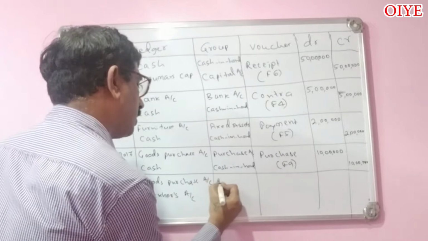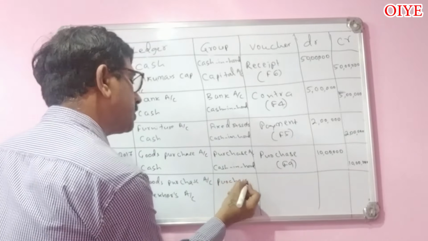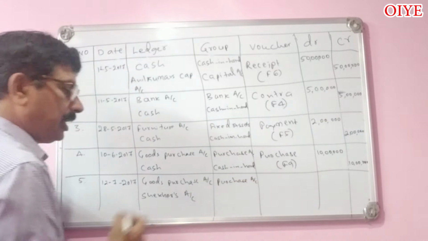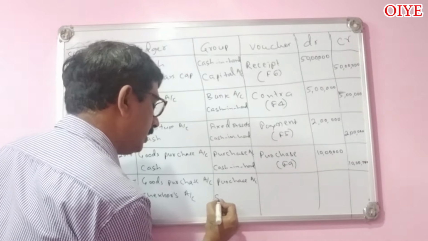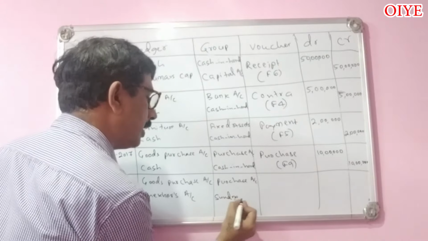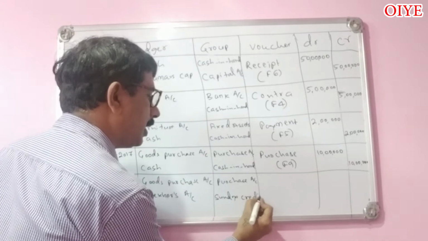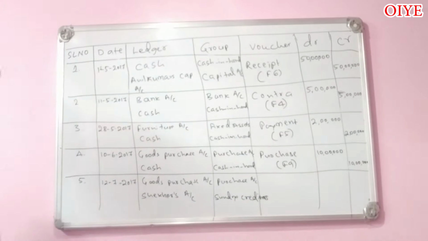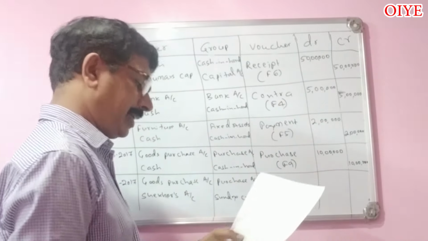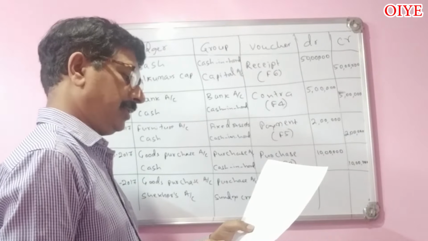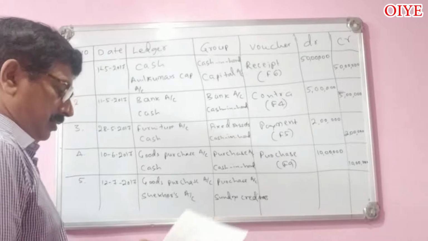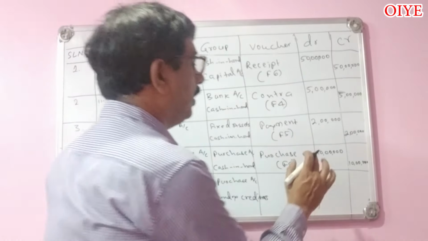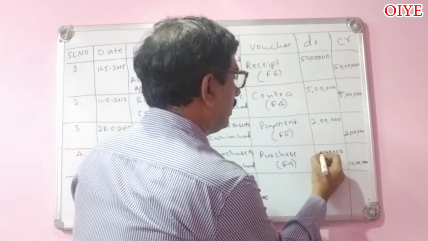And goods purchase account, once again under purchase account. Shekhar's account is one type of short-term liability or current liability. For that we can mention sundry creditors as a group. Now, goods purchase account debit, the amount here is 4 lakh.